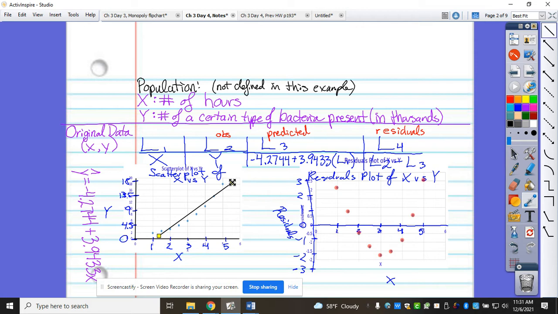Numbers on the ends are where in relation to my line? Above. Where are numbers that are in the middle? Below. So it's taking that idea. I could look at this and maybe not see that it was going to look exactly like this, but I should get that idea without drawing that line and understand, okay, the line will go through here. The points in the middle are going to be below. The points on the ends are going to be above.